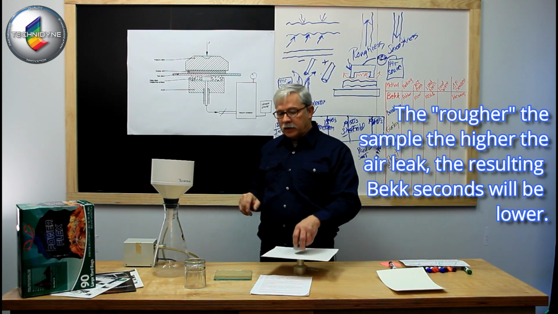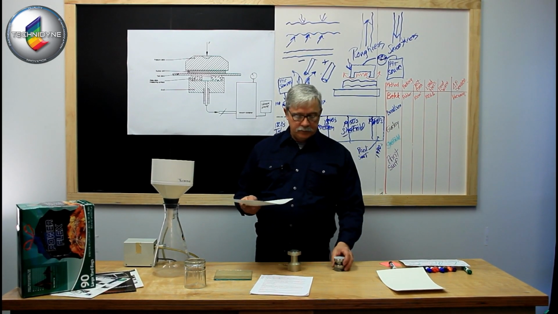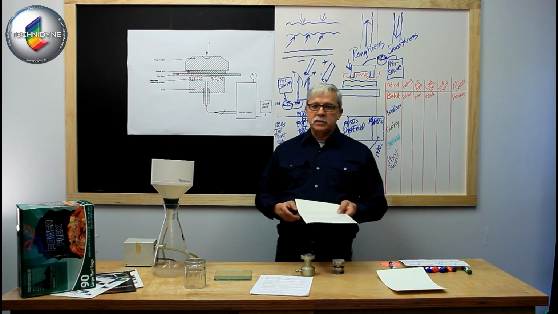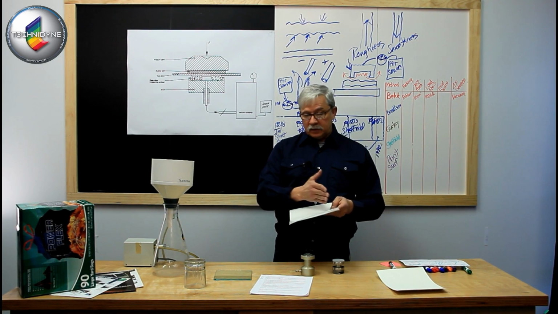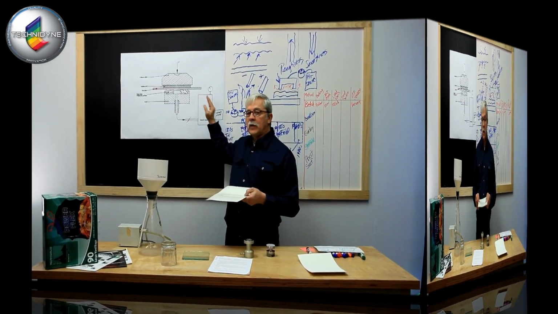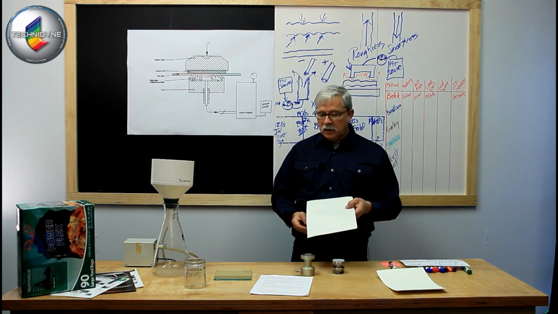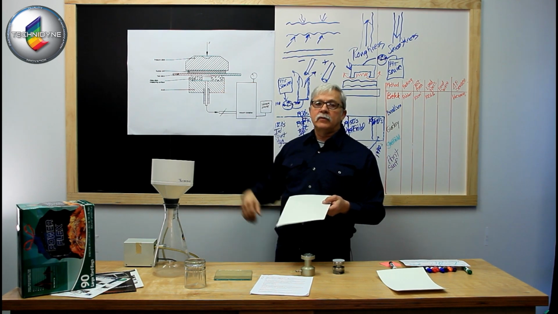All right, so now I can use that value. If my customer, who I'm trying to sell my product to, gives me samples of the material they are looking for, it gives me some indication of what my tolerances are. If I put sample A in here, maybe I'm going to get 200 Bekk seconds. If I put sample B in here, maybe I'm going to get 195 Bekk seconds.